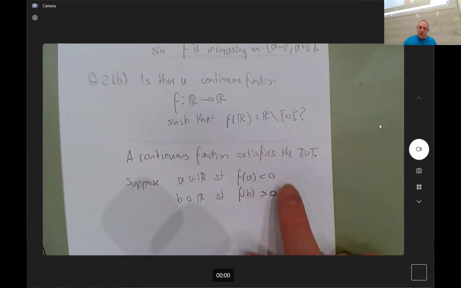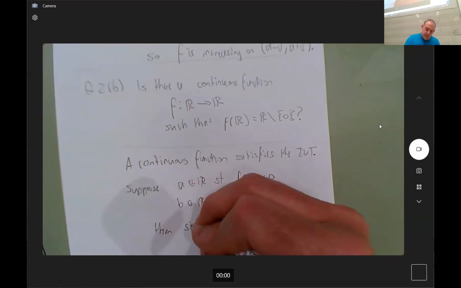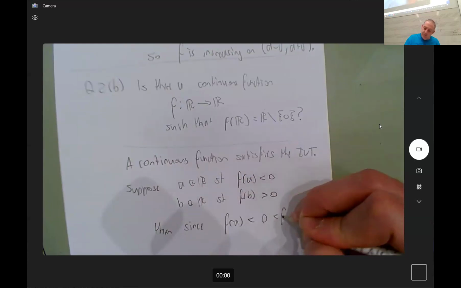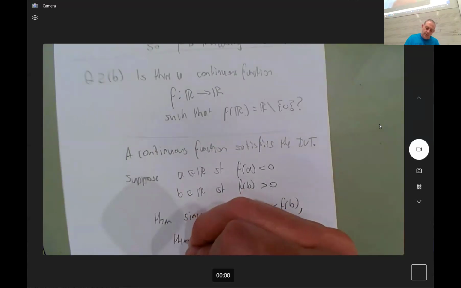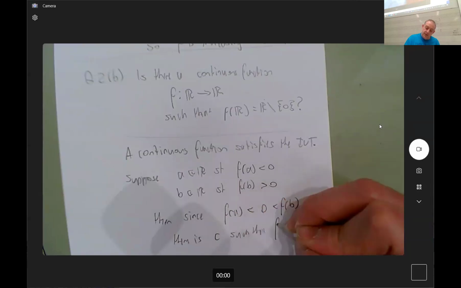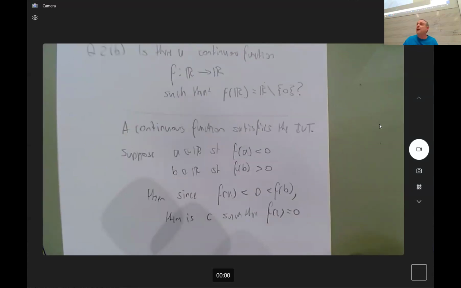Then since 0 is between f of A and f of B, there is a C such that f of C is 0, between A and B. Because the intermediate value theorem says that every number between f of A and f of B has a C that produces it.